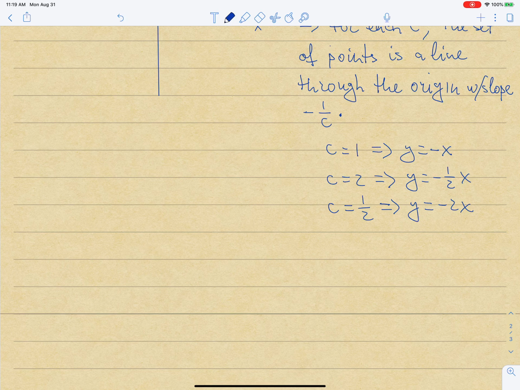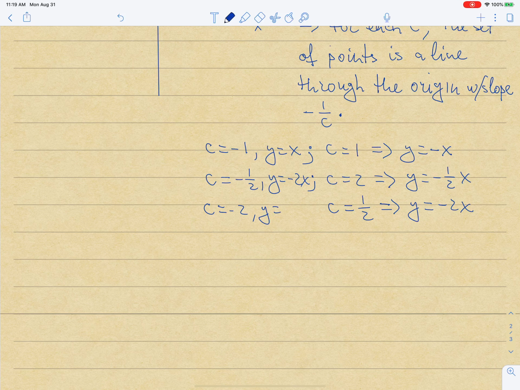And let's do some negatives here. If c is equal to minus 1, then y is x. If c is equal to minus 1/2, y is 2x. And if c is equal to minus 2, y is 1/2 x.